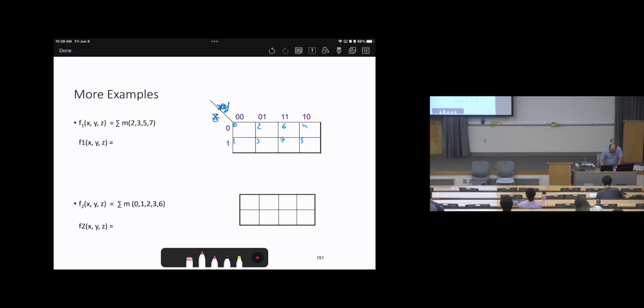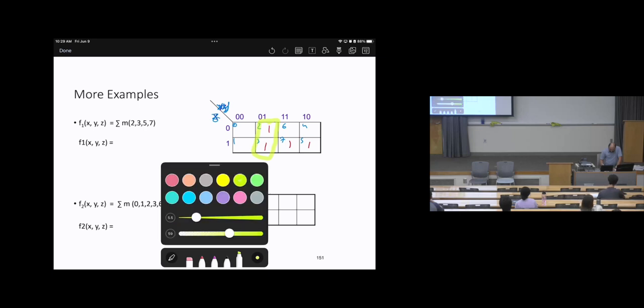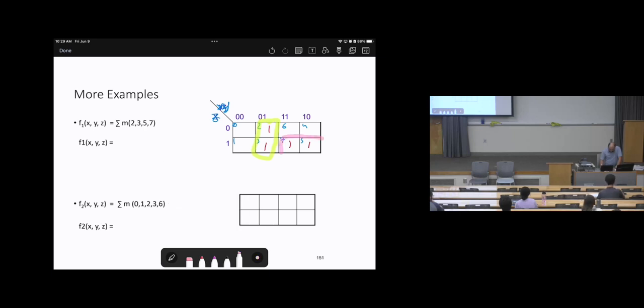So here we have 1 at 2, 3, 5, and 7. So we need to group, we can group these two, and we can group the other two. We cannot group the 4. So for this one, here is the location of Z, this is the location of x, this is the location of y.